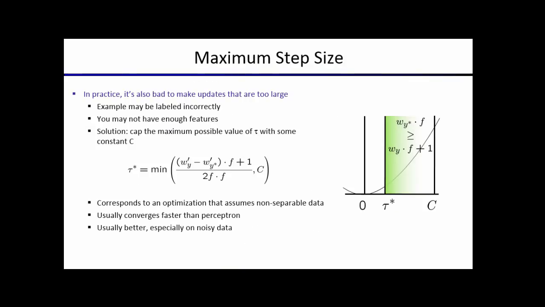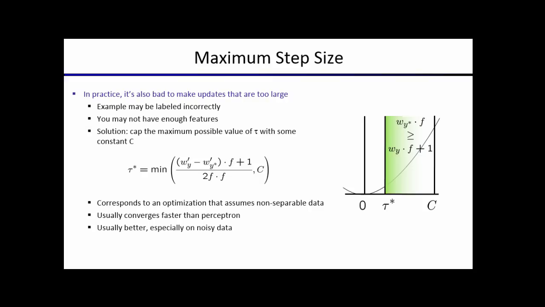In practice, sometimes you might have updates that are very, very large in the case of noise in your data. If you have one example that is very incorrectly classified, then you're going to have a huge update. It's not good to make these huge updates because, one, that data point might be incorrectly labeled or noise, and also, in general, it converges faster if you make smaller updates.